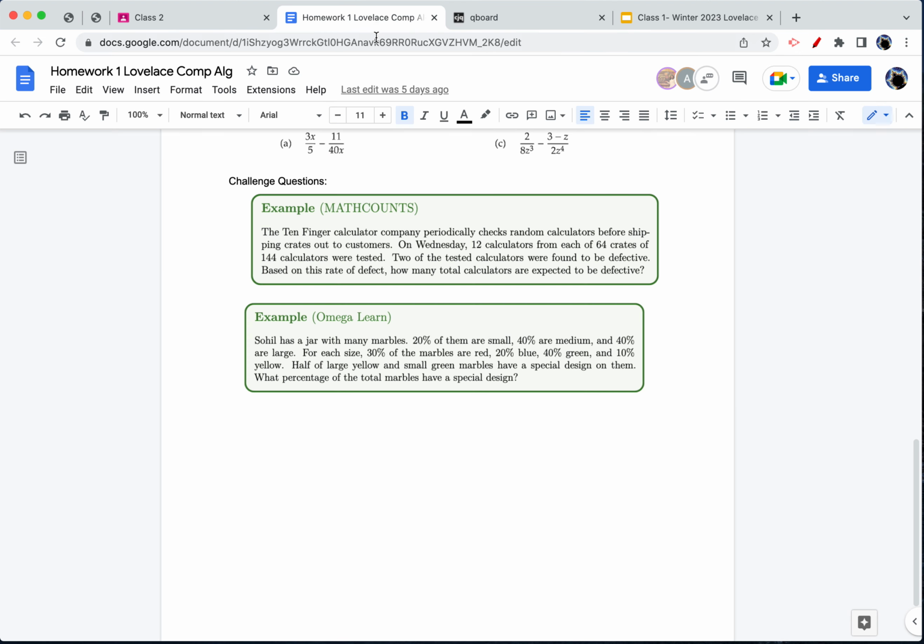But the problem asks us for how many total calculators are expected to be defective. So the thing to note here is that there are actually 144 calculators per bin, but we chose to test only 12 of them.